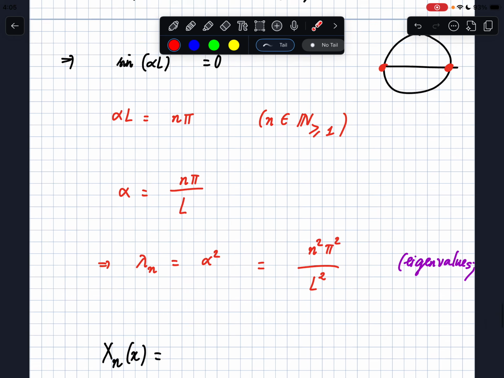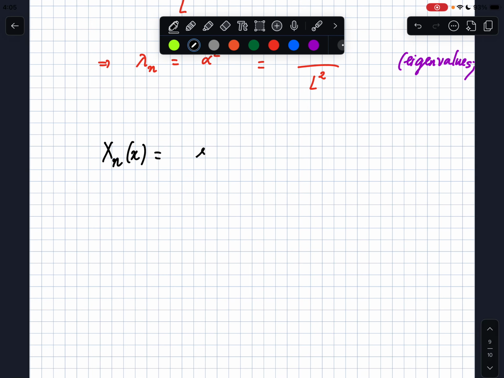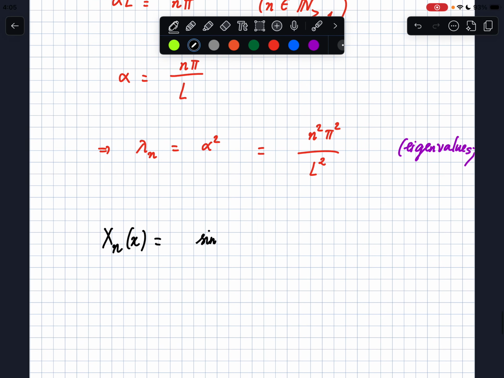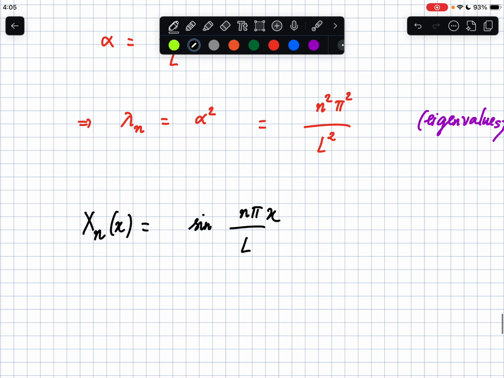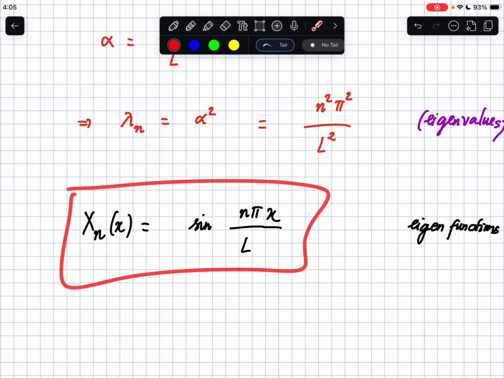Sine of n pi x over L is our eigenfunction. So this is the case where we have a non-trivial solution.